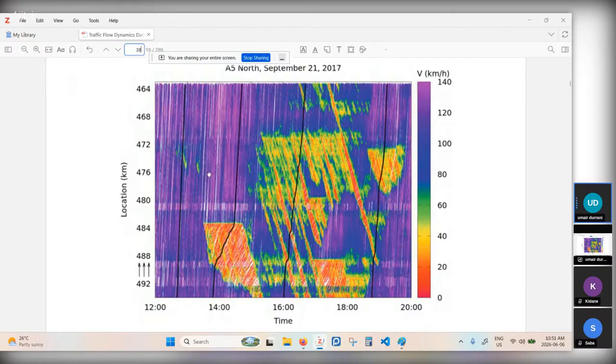Every other trajectory is colored by speed and comes from multiple floating cars. That is only possible when you have multiple cars with sensors and you're collecting data from them.